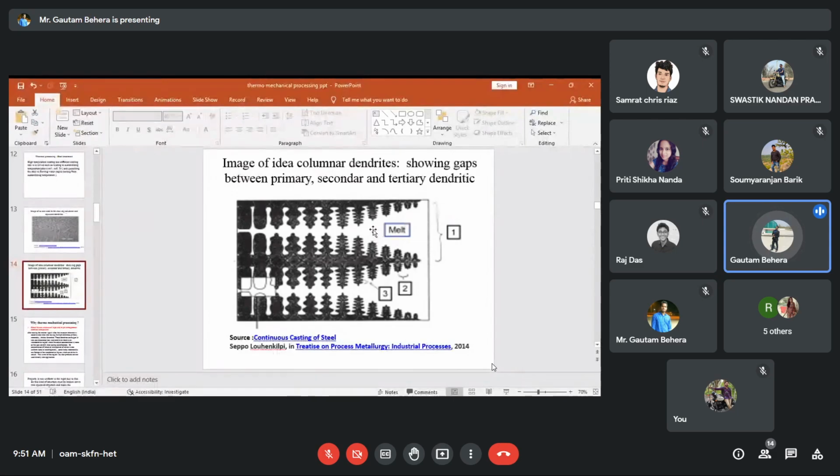It is written over here. In the interdendritic region, molten steel alloy is present, that is a liquid, and the dendrite is a solid. You people are getting my point.